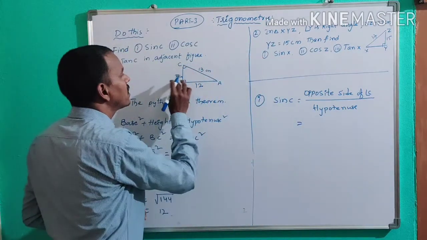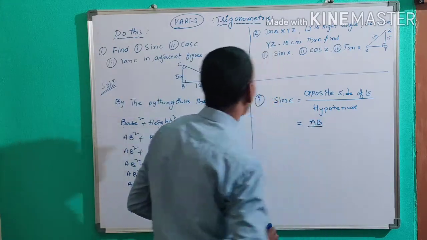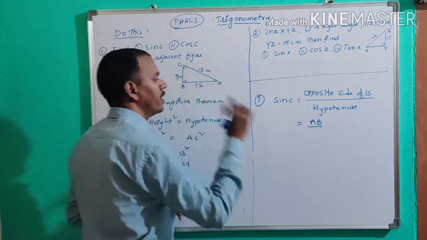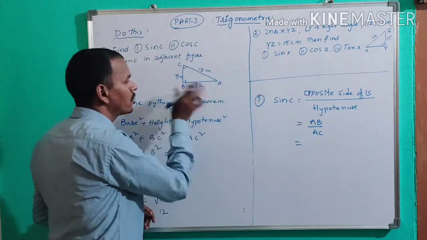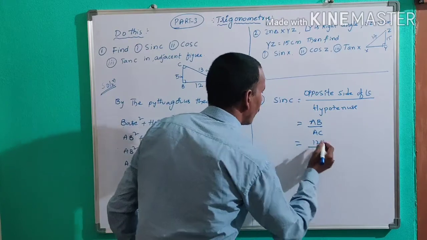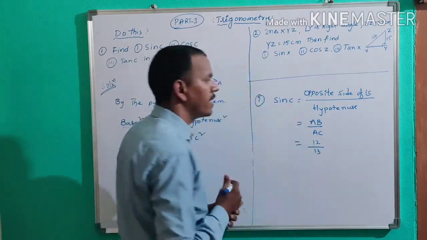Angle C opposite side is AB, by hypotenuse AC. Now AB value is 12, by AC value is 13. It is the sin C.